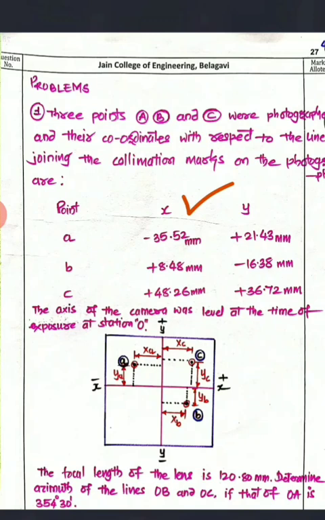At the end, see what they have asked. The focal length of the lens is given, that is 120.80 mm. Determine the azimuth of lines OB and OC if that of OA is given. The azimuth of line OA is 354 degrees 30 minutes.